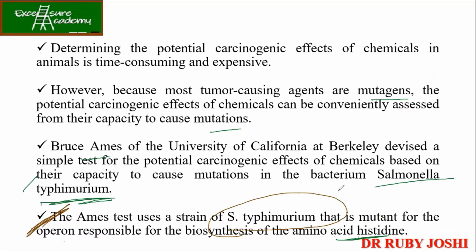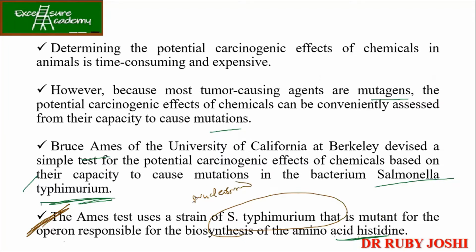So maybe the DNA is not packed properly within the nucleosomes because there won't be any biosynthesis of amino acid histidine. It's a bacteria. Okay. Bacteria or prokaryotes, they don't have nucleosomes.